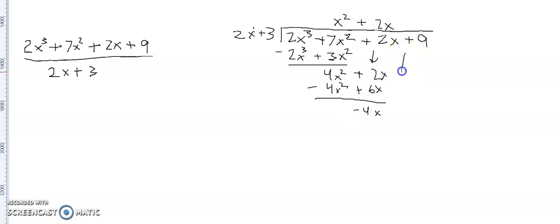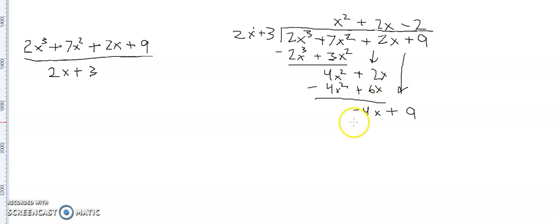And now we need to bring down this 9. Okay, so now we could just multiply this by a negative 2. The reason is because it'll give us a negative 4x, which is the same as here, and a negative 6, which will also be useful in our situation.